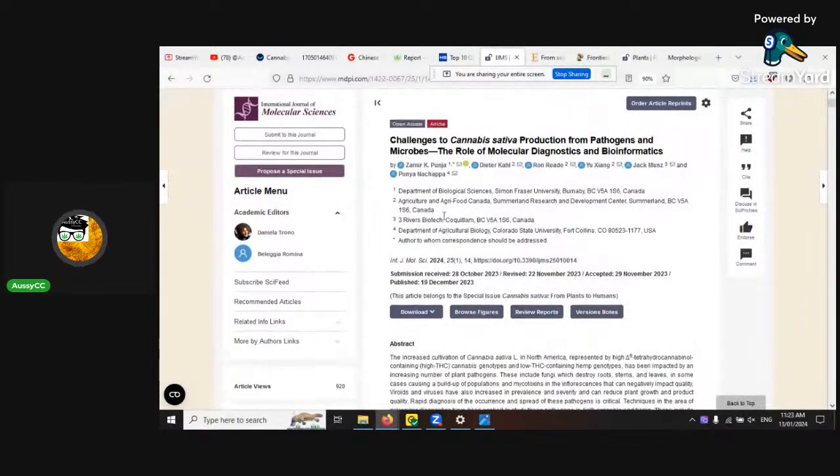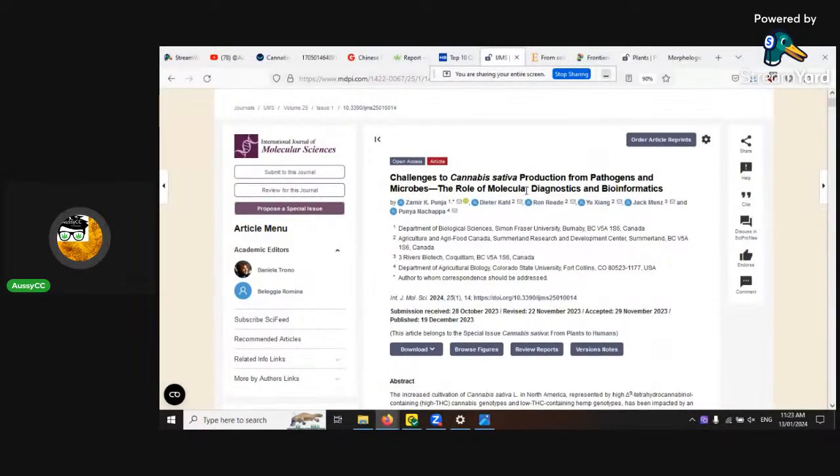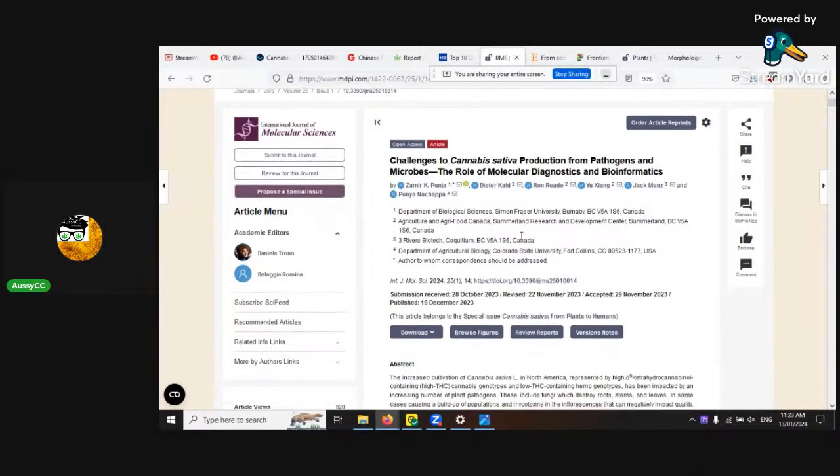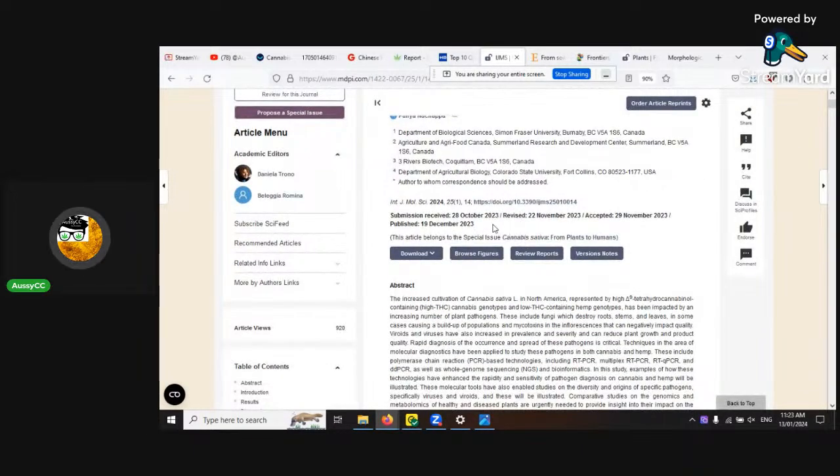So this is the name of the paper: Challenges to Cannabis sativa Production from Pathogens and Microbes: the Role of Molecular Diagnosis and Bioinformatics. They've used these rad tools, PCR machines and stuff, to diagnose them and see exactly what it is. It was released a few weeks ago.